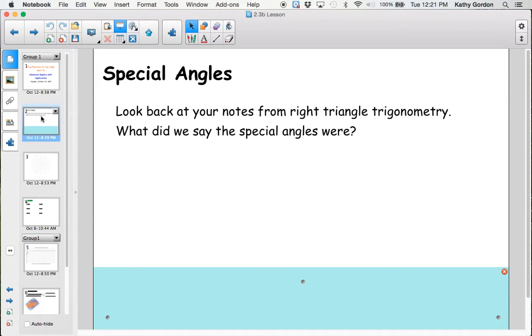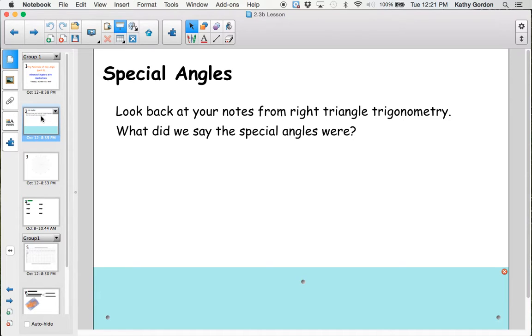And we went through the process of figuring out what the trig functions for those specific angles were. Well, those special angles from the right triangles are a basis for the special angles that we have when we're talking about rotation around the entire circle. And so we're going to build on what we've already talked about in terms of special angles from right triangles and expand on it today.